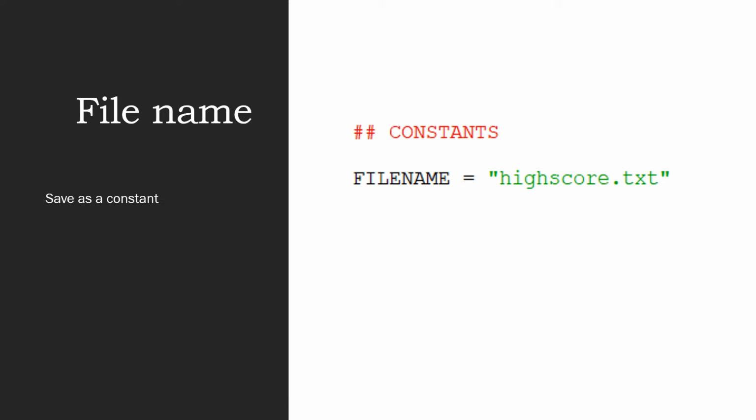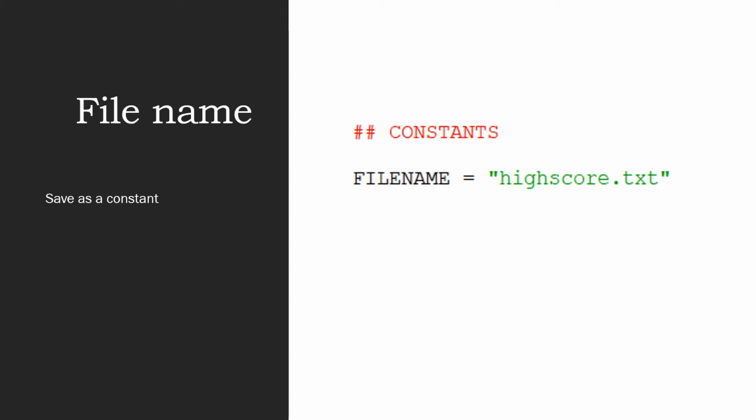I suggest that you set up the file name that you want to use, just choose any name, as a constant. Constants in Python are conventionally shown all in uppercase. They work exactly the same as variables, but we've just decided as a programmer that we're not going to change the data stored in the constant.